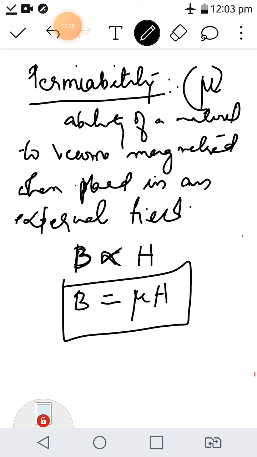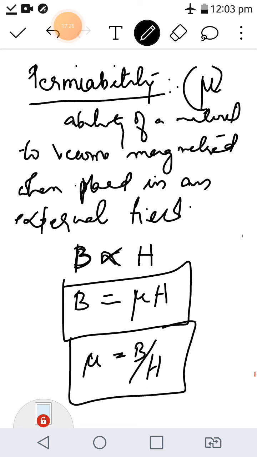So if you have this field intensity, field strength, you multiply with the mu, that is the permeability of that medium or the material, then you get the flux density in that medium. B is equal to mu H, or mu is equal to B divided by H. You can write like this. This is another equation that you need to learn.